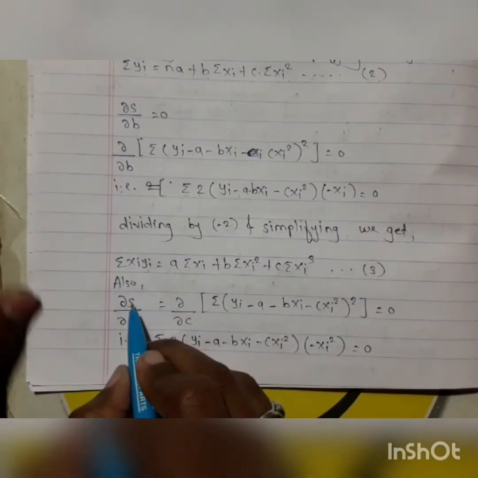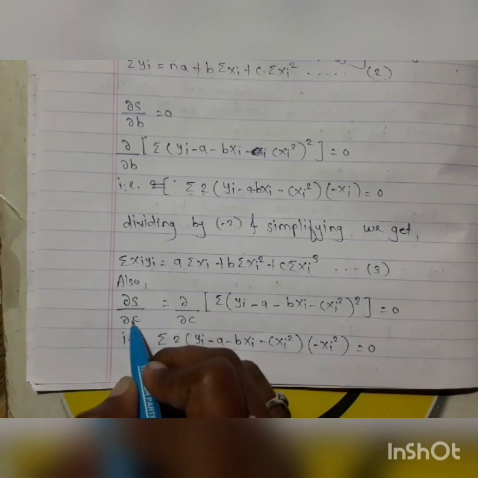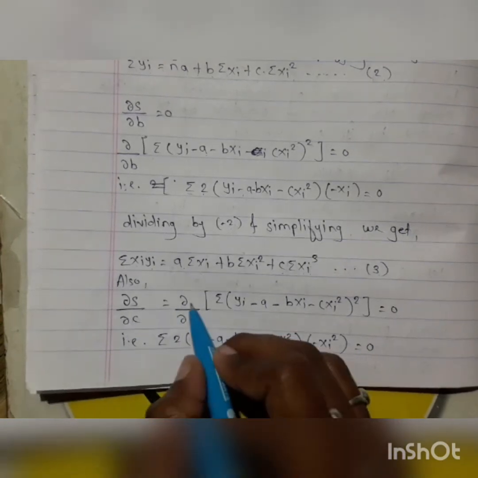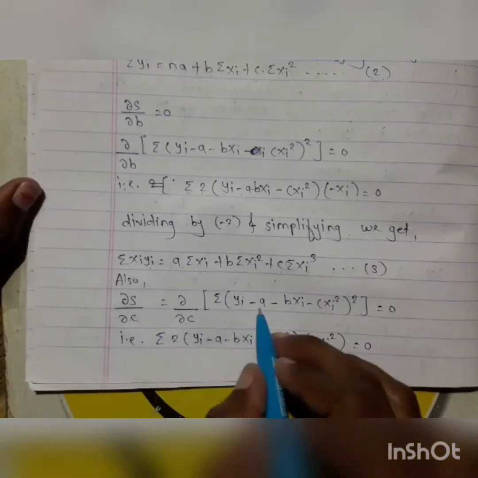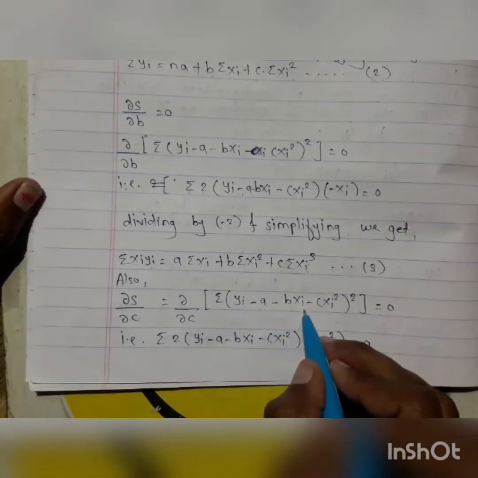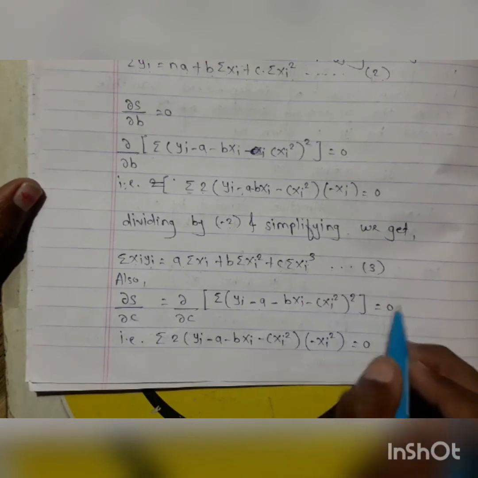Then in the next step, differentiate S with respect to c: partial by partial c of summation (yi minus a minus bxi minus cxi square) square, equal to 0.